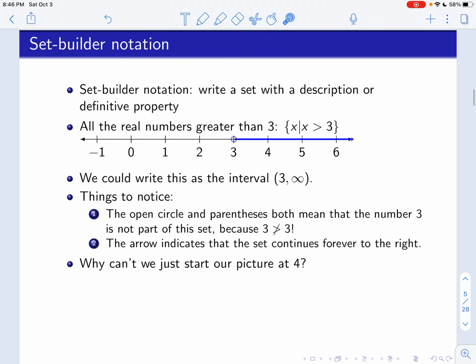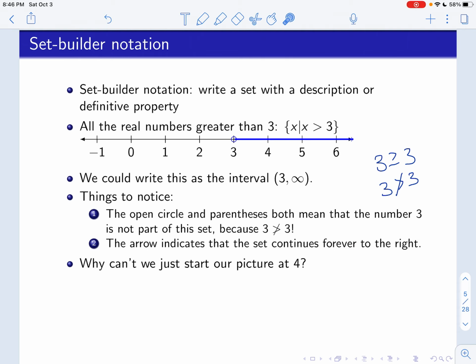Alright, so a couple of things to notice. The open circle that you see and the parentheses at the beginning of the interval both mean that we are not including 3 in our set, because 3 is not greater than 3. 3 is greater than or equal to 3, but 3 is definitely not greater than 3. So we can't include 3 in our answer. The arrow that I pointed out means that the set continues forever to the right.